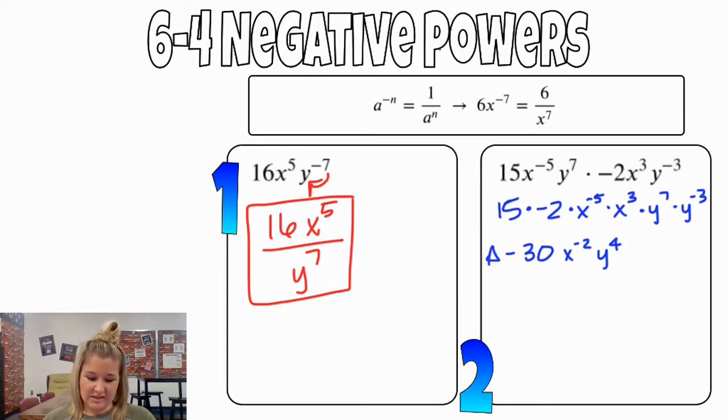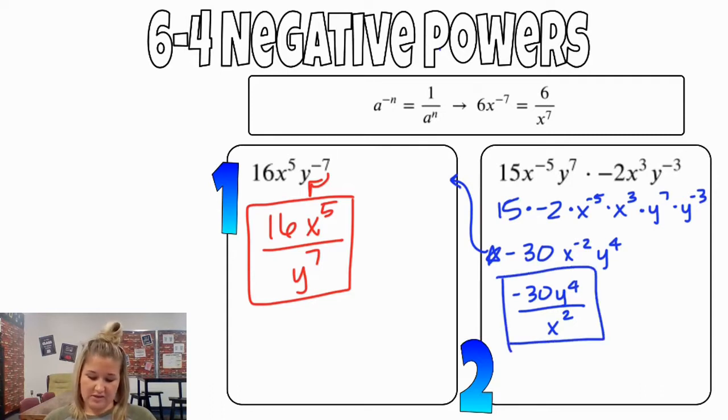So this step right here is kind of like the last problem over here where we have a negative exponent and we need to simplify that and make it positive by putting it in the denominator. So I have negative 30 and y to the 4th staying in the numerator because they don't have a negative exponent. And then x to the positive 2 because it goes down to the denominator there. So this would be the simplified form. I told you it's going to get a little tricky.